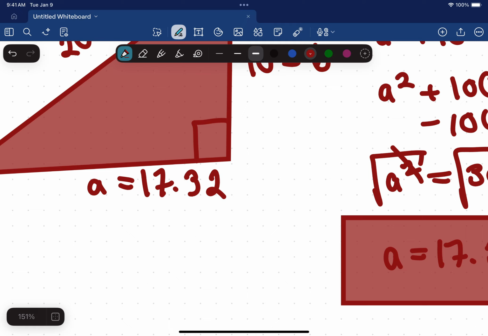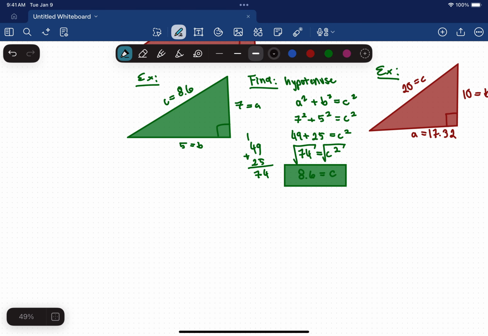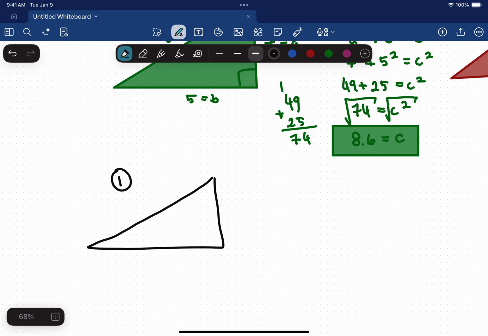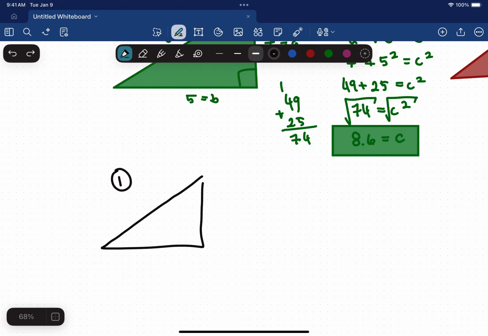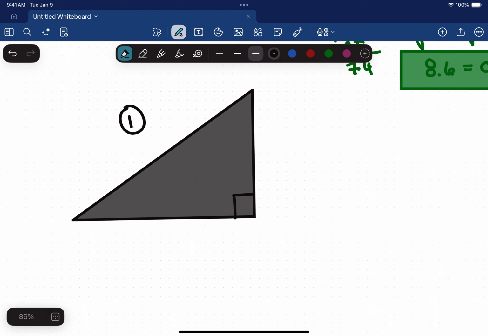Now I'm going to give you an example for you to do. You are given a right triangle that has 14 and 22.